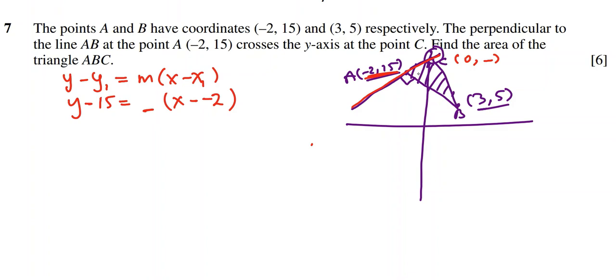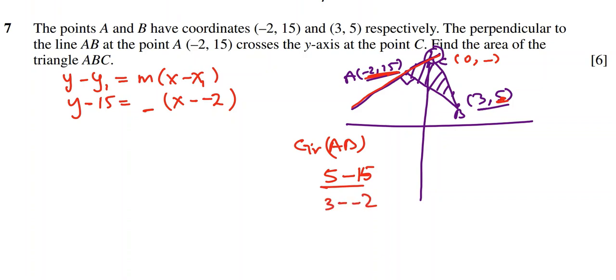We know this line is perpendicular to line AB. So let's find the gradient of AB first, which will be y2 minus y1 over x2 minus x1. y2 is 5, y1 is 15.